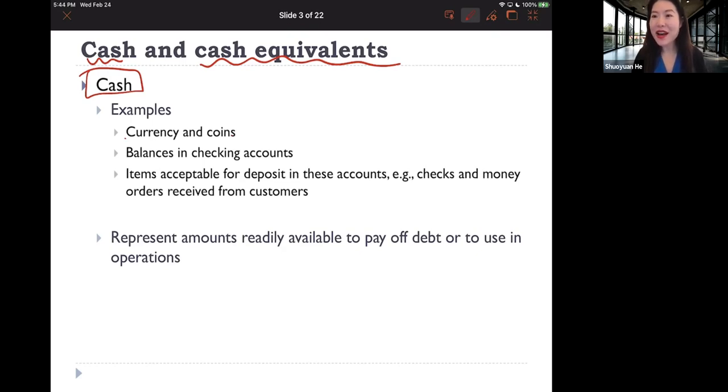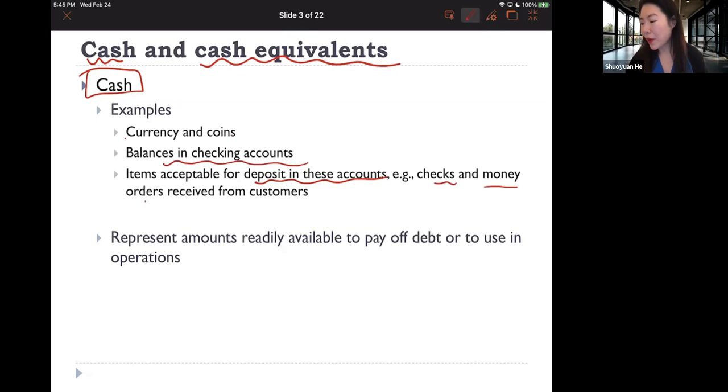But there's something else that is also counted as cash for firms. So if a firm has a checking account, the balance in those checking accounts, that is also counted as cash. And if the firm has a check that is accepted for deposit in the firm's checking account, that is also counted as cash.